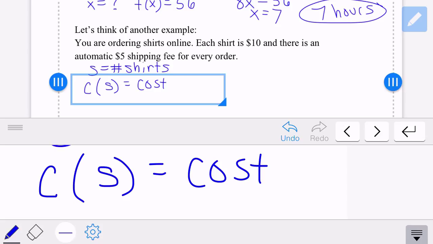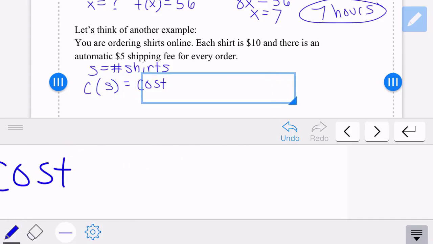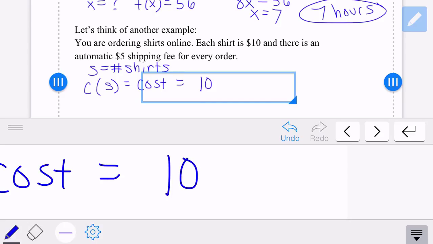If each shirt we buy is $10 and there's automatically $5 tagged on for shipping, how would we calculate that? So we're going to do 10, right, times the number of shirts we buy, which we said was s. So 10s, okay, and then we have to tag on that $5 for shipping.